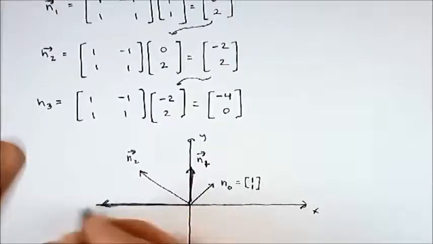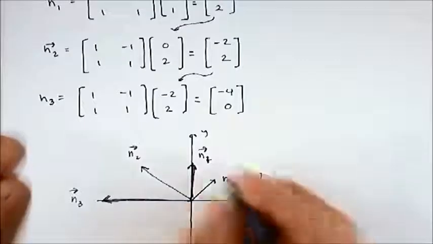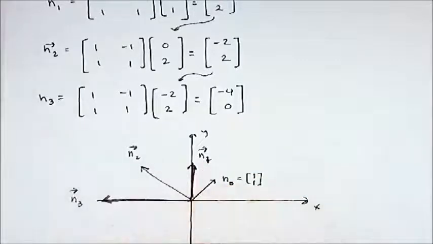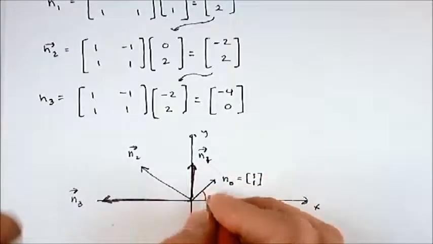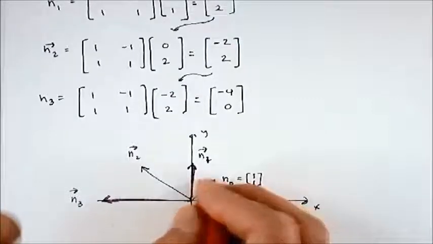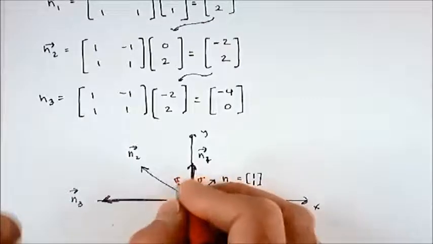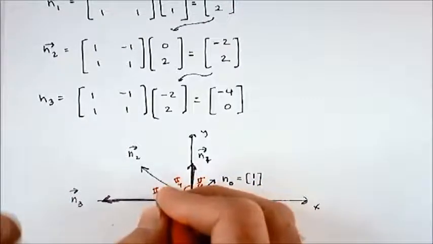Here's n3. And hopefully you can see 1, 1 makes an angle here of pi over 4, right? That's 45 degrees. The angle between this one and this one is pi over 4, and the angle between this one and this one is pi over 4.